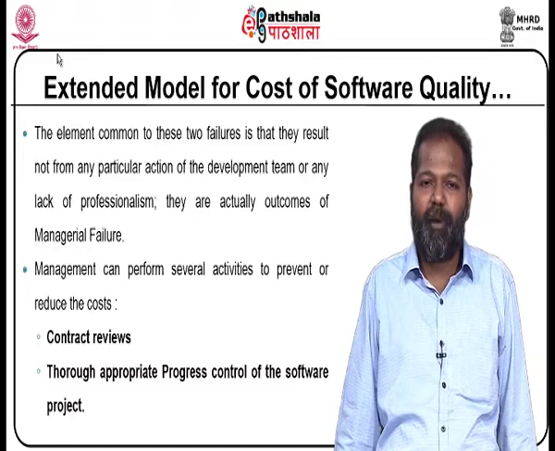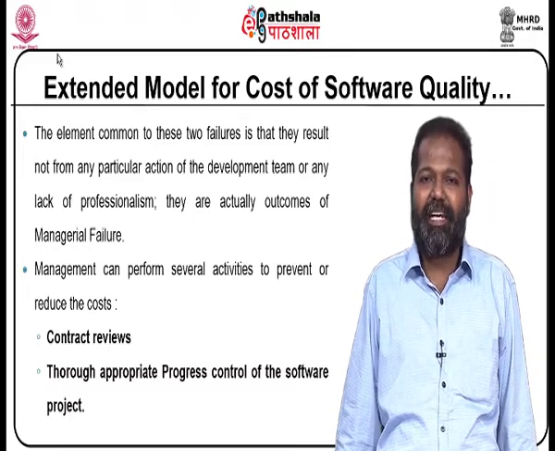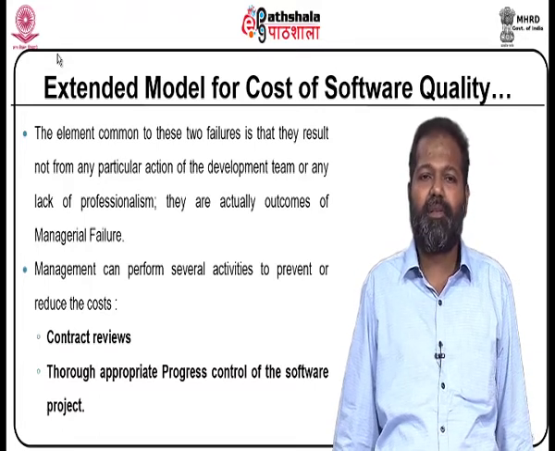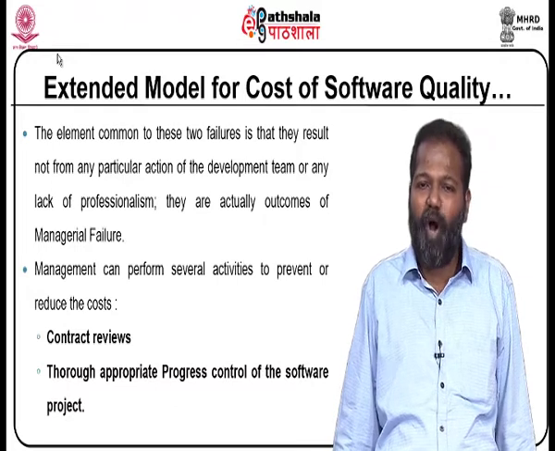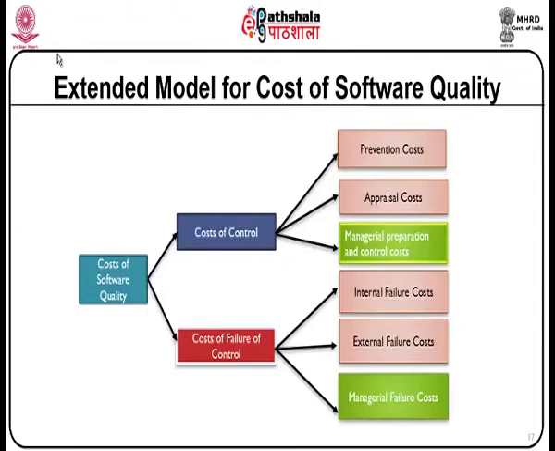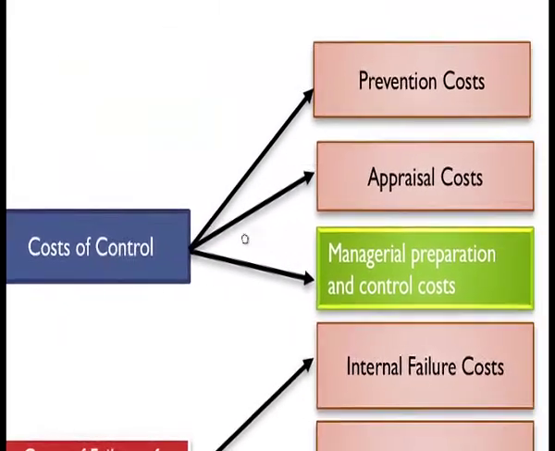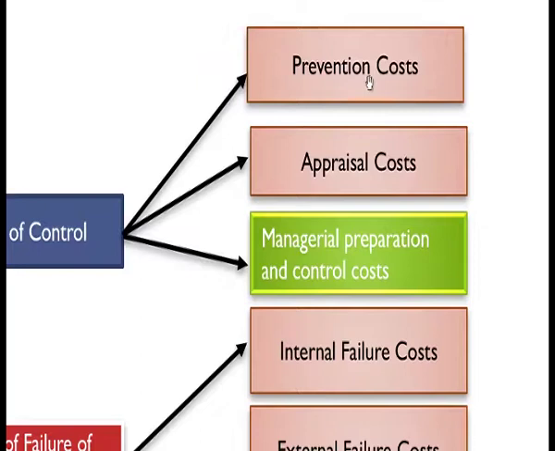Management can perform several activities to prevent or reduce the costs: contract reviews, thorough and appropriate progress control of the software project. Now we will discuss the extended model for cost of software quality. We have already discussed costs of software quality. We have costs of control and costs of failure of control. And in the previous model we have discussed prevention costs and appraisal costs.